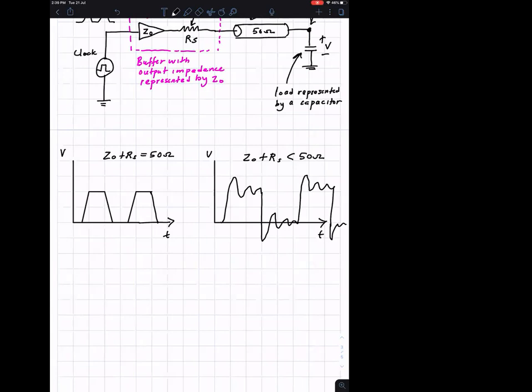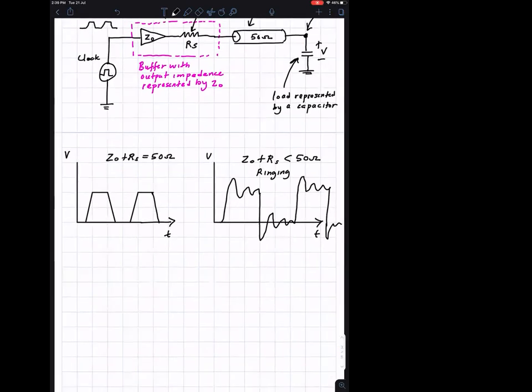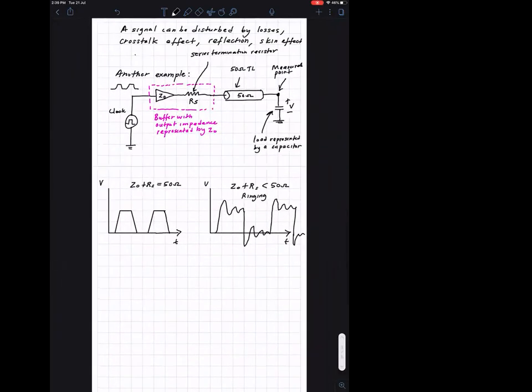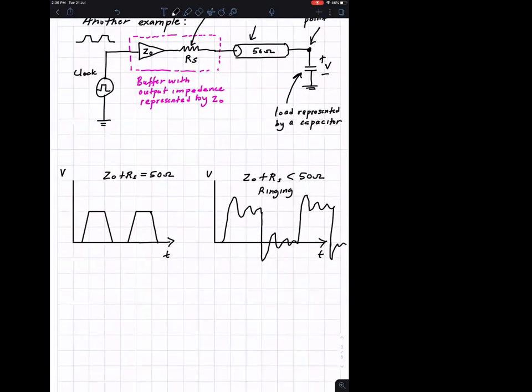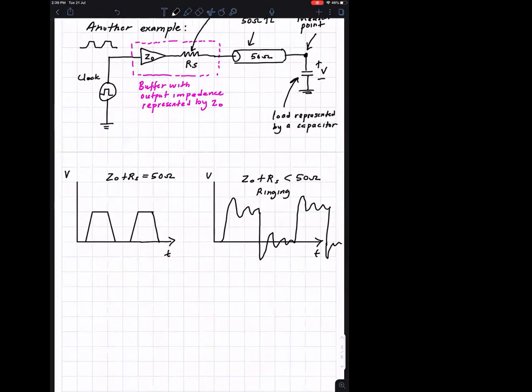So you're going to get ringing. Ringing, as a signal integrity engineer or data engineer or design engineer, transmission line design engineer. So if you get a signal like this, you should know what the problem is.